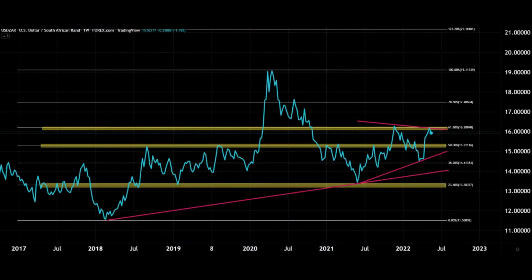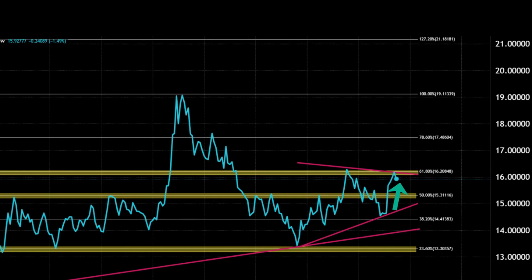So I last did a video on this pair a few months back, and the real big change since then is the strength of the US dollar. It's driven the price up to over 16 before bouncing back, and you can see that double touch with the pink trend line around that area, and that's the 61.8% Fibonacci line. It's bounced, pulling back.